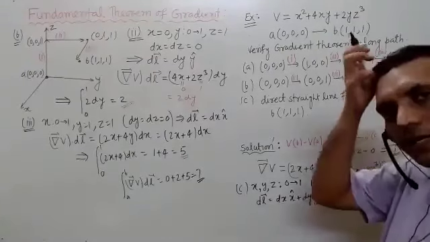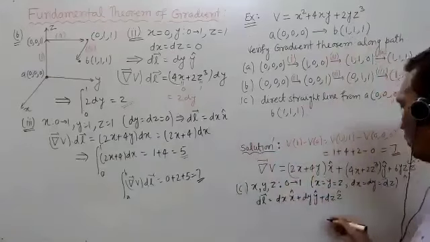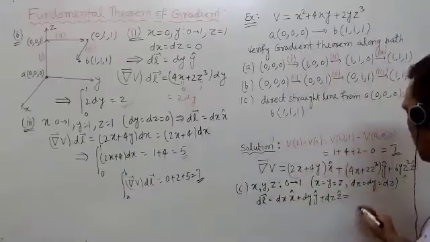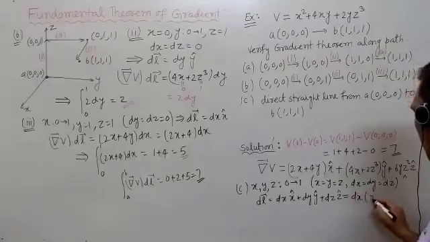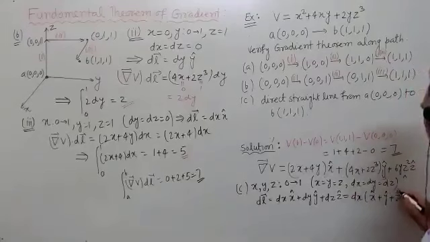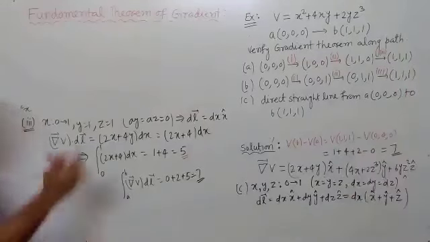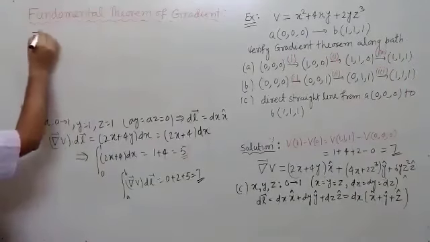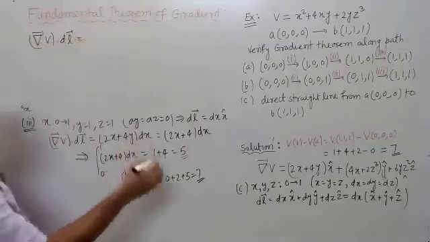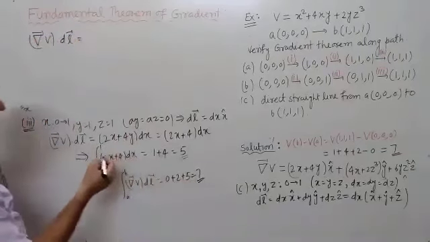So let us convert it into the variable x only. You can convert to either x or y or z, so I am converting it into x. So we will get dx times x cap plus y cap plus z cap. Now what will be gradient v dot dl? You have to put y equal to x and z equal to x.